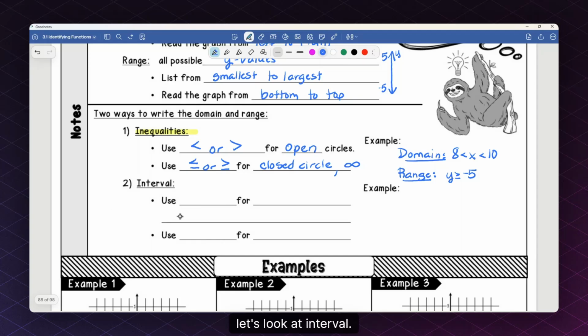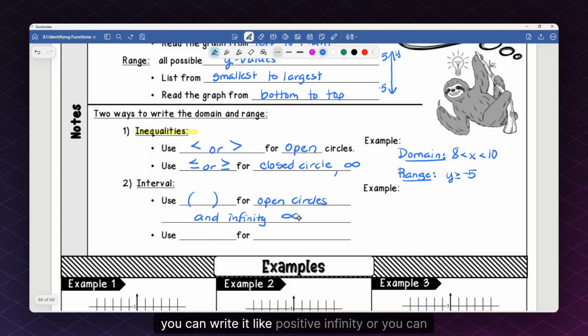Let's look at interval notation. In interval notation, you're going to use parentheses for open circles and infinity. You can write positive infinity or negative infinity.